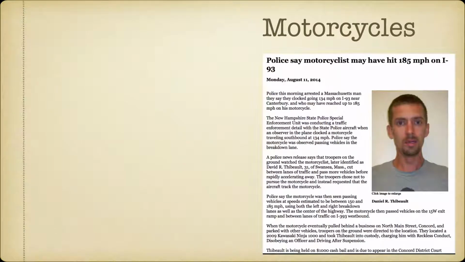Here's a guy in New Hampshire, because we talked about how quickly they can pick up speed. Once you get used to riding a motorcycle, just like in a car, you want to see what it's able to do. Here's a guy that thought hitting 185 on Interstate 93 is a cool thing to do. Look at that, he's held on a $1,000 cash bail.